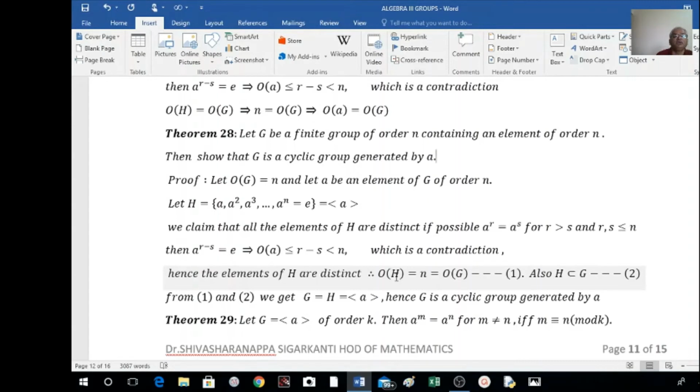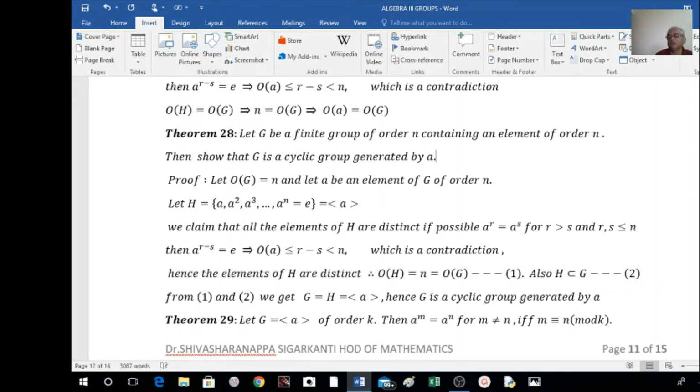Therefore, order of H equals n. If they are not distinct here, suppose any two elements are the same, then order of H cannot be equal to n, because if two elements are the same, then we consider only one element. So that means order of H becomes less than n. As all these elements are distinct, therefore H consists of n elements here. Order of H is equal to n. And this is nothing but our order of G.